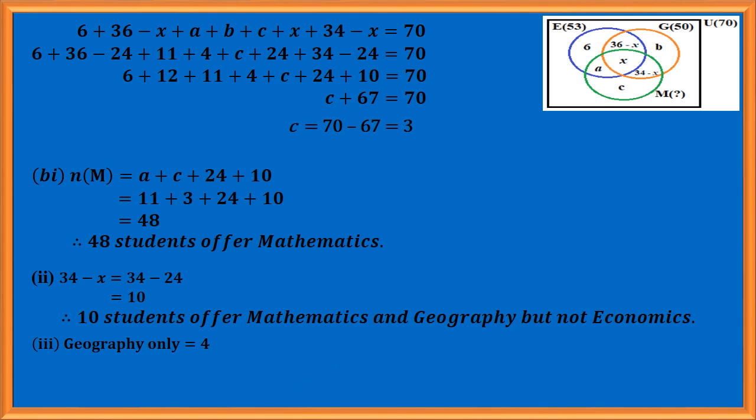So probability that a student selected at random offer geography only will be equal to 4 over 70. That is the 4 here over the universal, which is 70. And simplifying, 2 will go into 4 2 times, then into 70 35 times. So this becomes the probability that a student selected at random offer geography only.